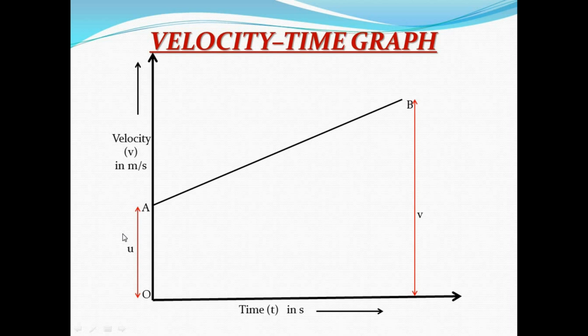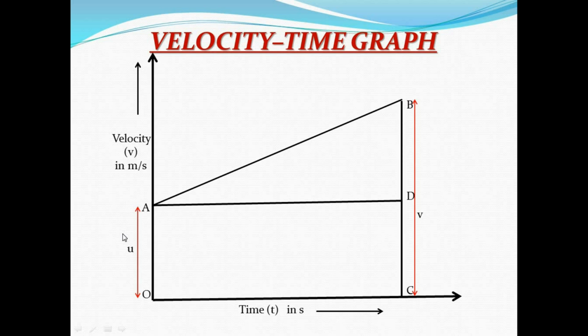Here, in the given graph, the lower point is A and the upper point is denoted as B. Hence, according to the rules of slope of the graph, we have to draw a straight line from the lower point A parallel to the time axis and from upper point B parallel to the velocity axis as well.